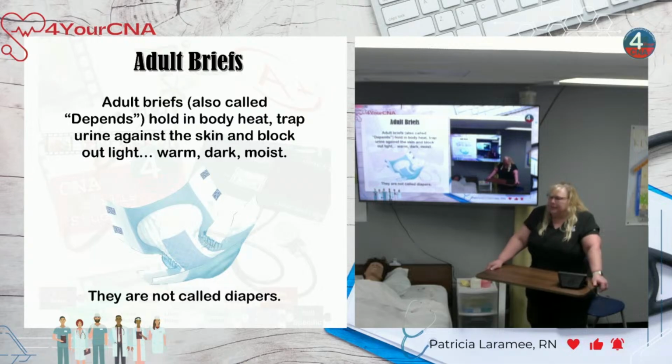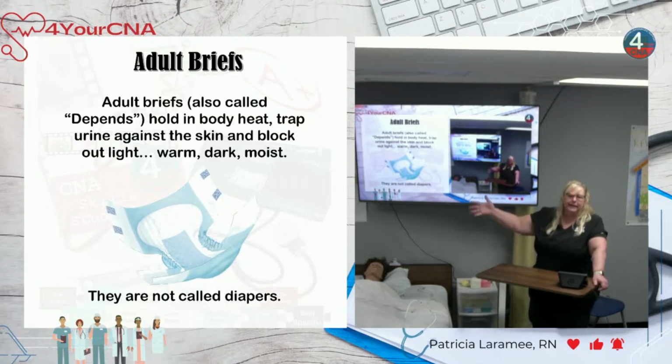Let's talk a little bit about adult briefs. These are not the solution you are looking for. Adult briefs hold urine, much like a diaper does. The problem is they're plastic lined because you don't want that urine to leak out onto clothing or bedding or anything else. Plastic is going to hold in body heat and block out light.